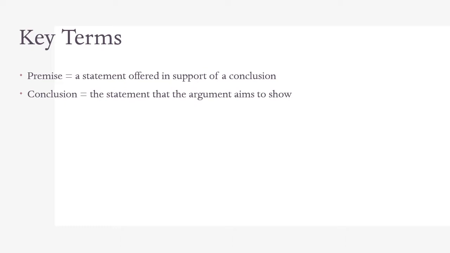So a real basic argument we could give is that, if it rains, I'll take my umbrella. I just have to shorten umbrella with a U. Second, we could say, well, it is raining.